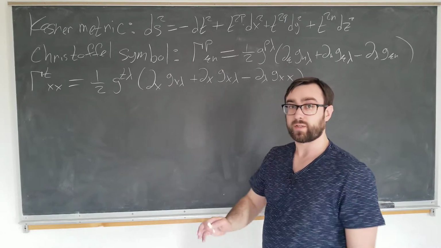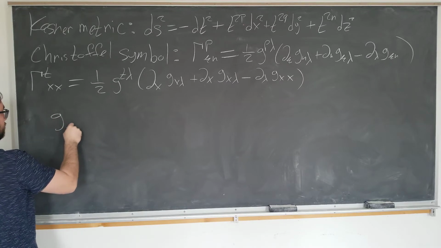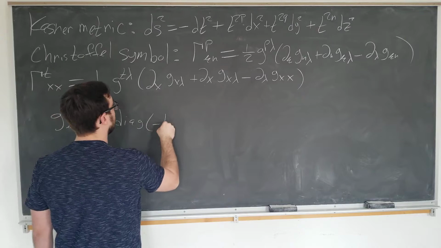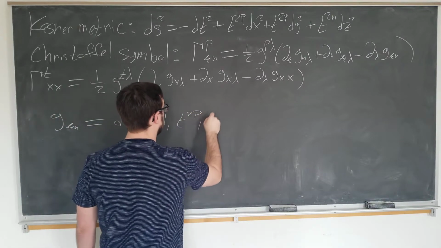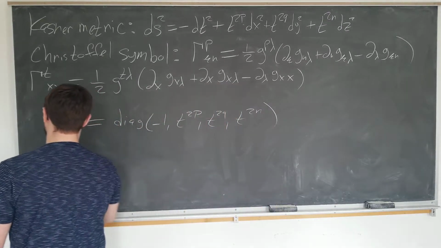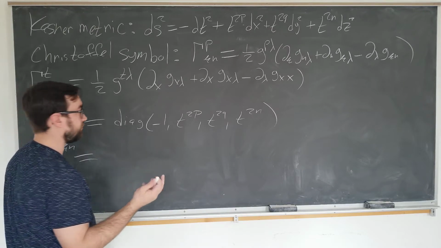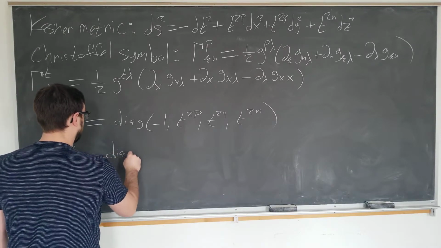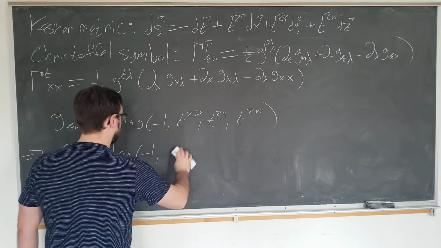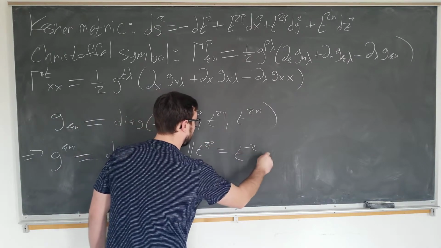So, before we get started, I should note what we talked about before. We have g_μν equal to the diagonal of -1, t^{2p}, t^{2q}, t^{2r}. Then g^μν, with the indices raised, is the inverse of this matrix, also a diagonal matrix with entries 1 over t^{2p}. So 1/t^{2p} is actually t^{-2p}.